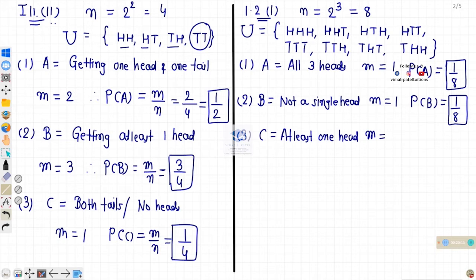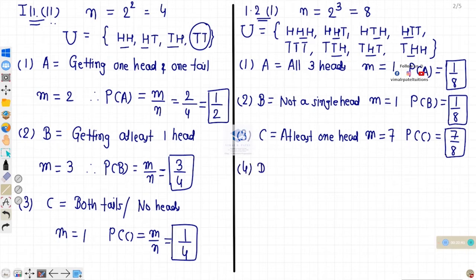One head, one, two, three. Two heads and three heads. So total possible outcomes 7. 7 by 8.